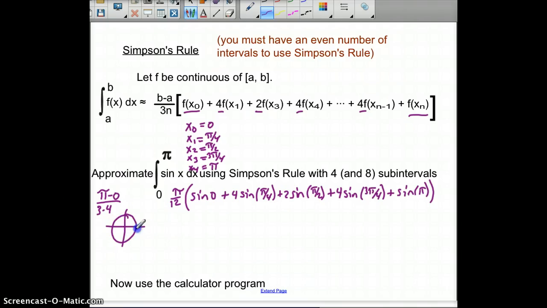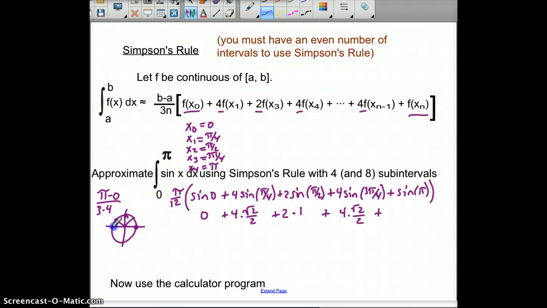Sine of 0 is 0, plus 4 times sine of pi over 4, that's square root of 2 over 2, plus 2 times sine of pi over 2, that's 1, plus 4 times sine of 3 pi over 4, that's positive square root of 2 over 2 again.